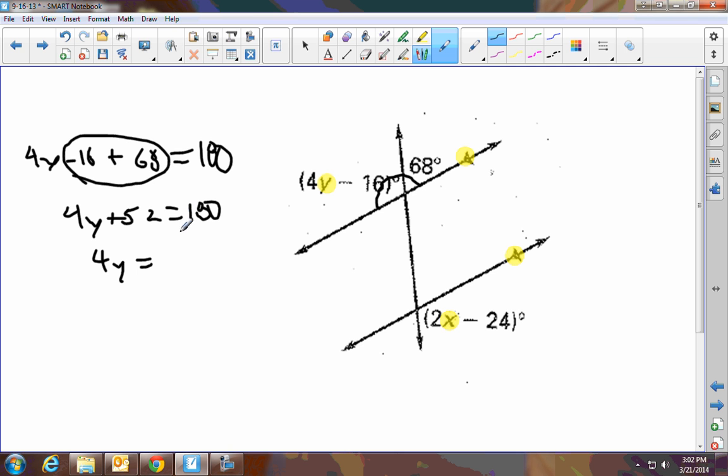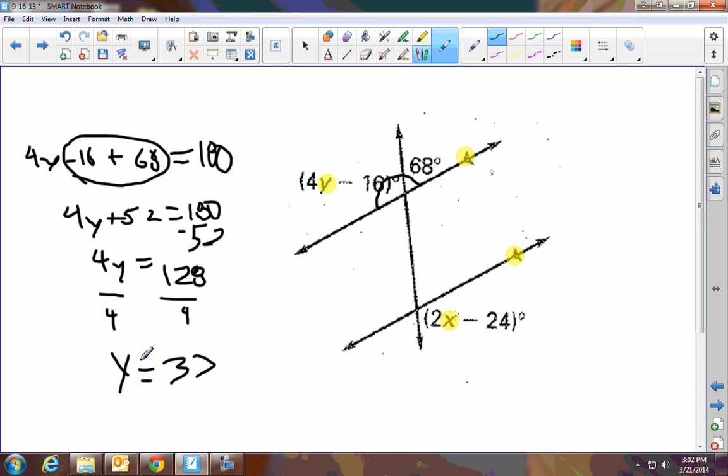And when we do 180 minus, excuse me, minus 52, I end up with 128. There we go. And last step, of course, divide by 4, divide by 4, and I get y equals, and I believe that's going to be 37.